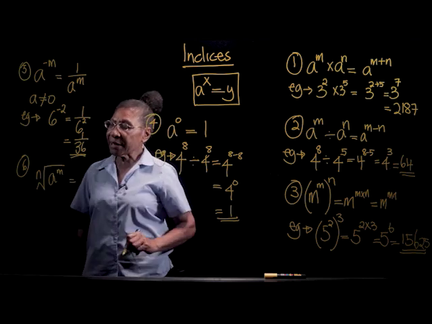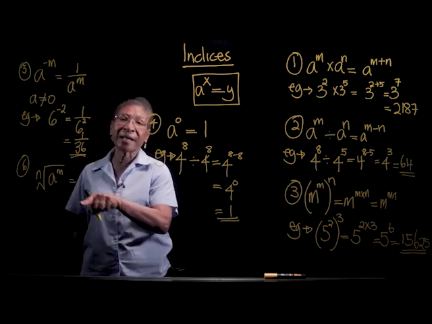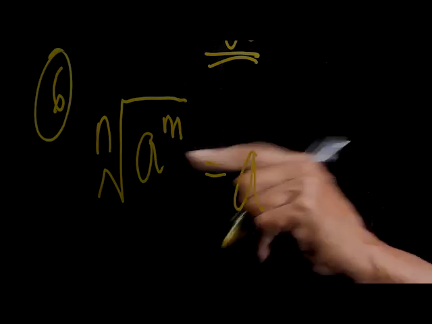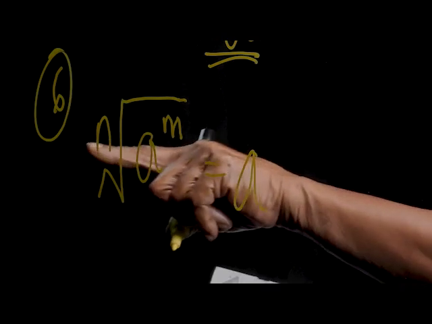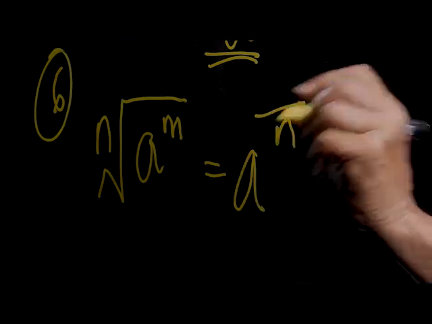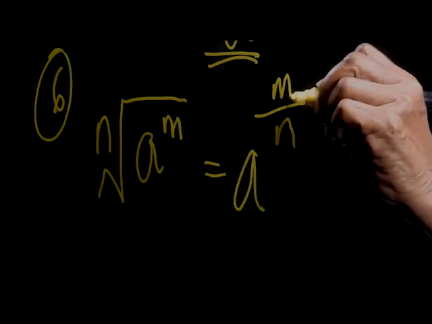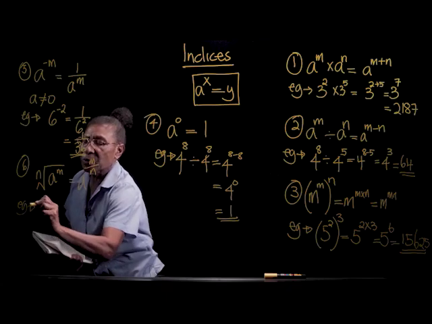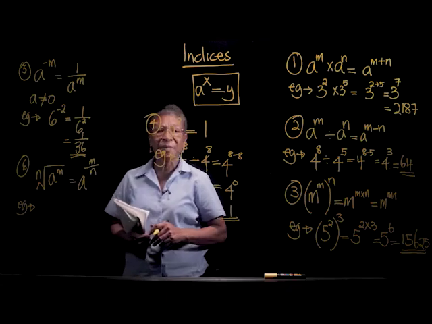So, if that is so, let's express that in the form of a fraction. If that is the case, a is still the base, the n becomes the new denominator, and the m becomes the numerator. Okay, if I were to give an example, maybe we could really see what it means.